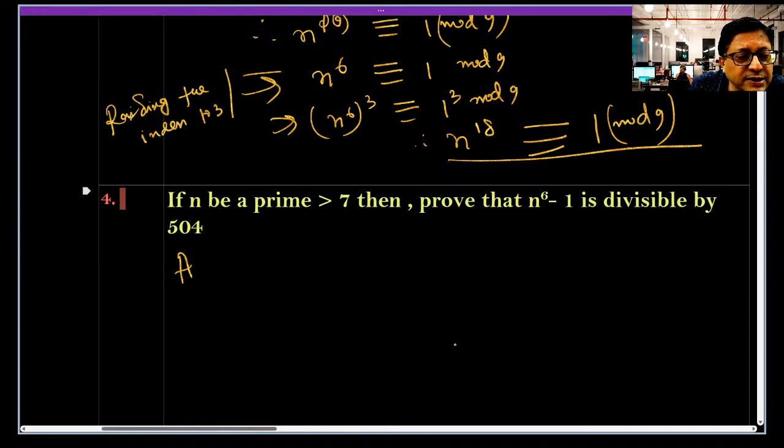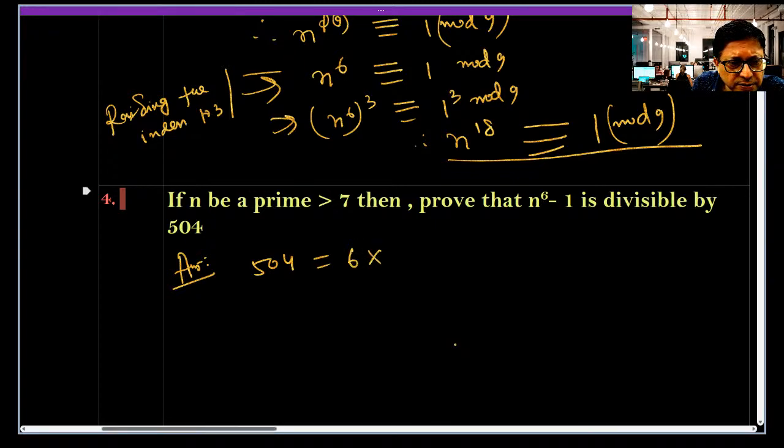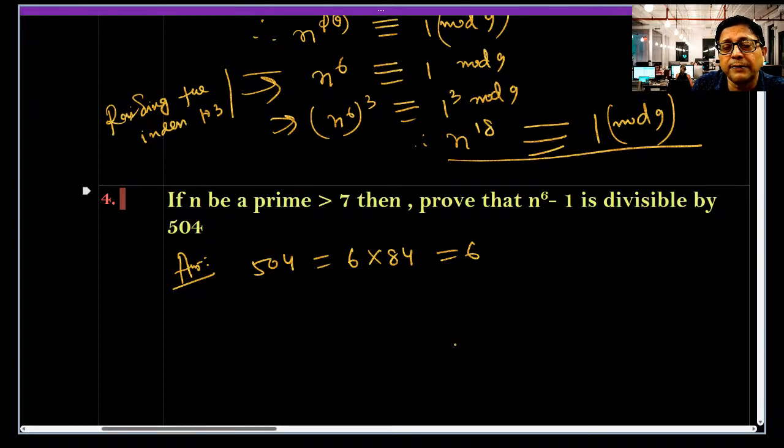Let us find the factors of 504. Can we find the factors? Try once. Of course we can find. 6 is a factor. Then this is divisible by 84. 84 is 4 into 21, isn't it? That is 4 into 21.